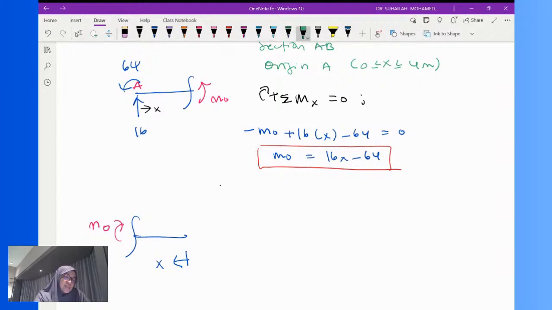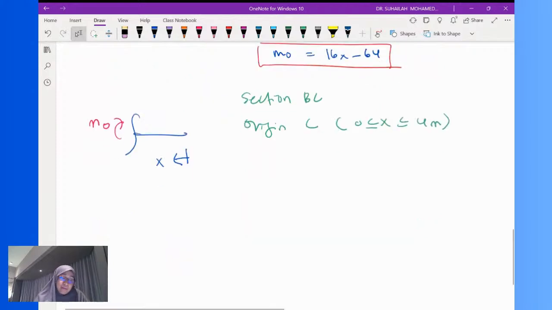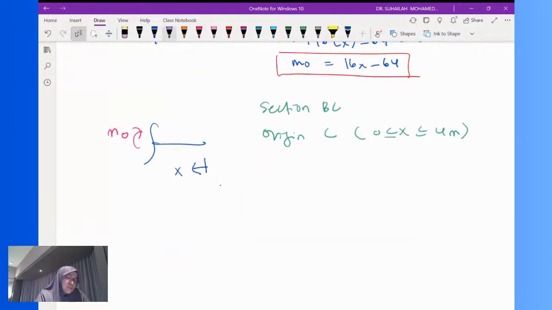So this is section BC, origin C, and the X limit is 0 to 4. What does it mean? Look at this. This is point C. Origin means X is 0.